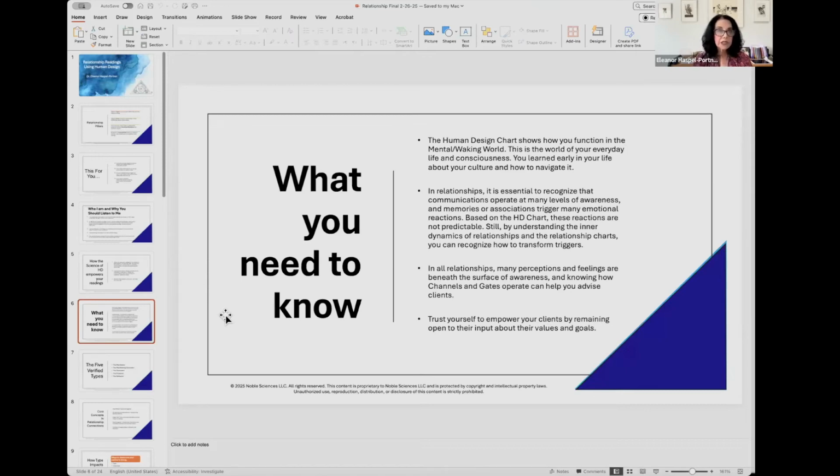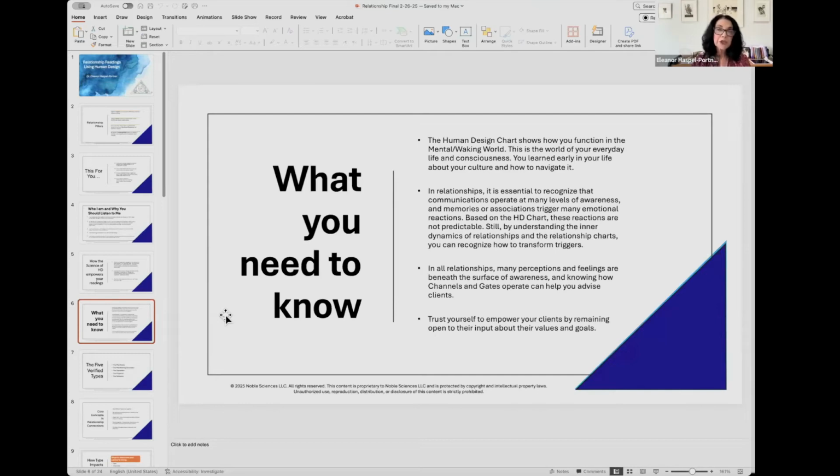But if you understand the inner dynamics of a relationship chart, then you can recognize how you can transform things that trigger your partner or things that trigger other people, and you can shift how you respond in order to help the relationship along.